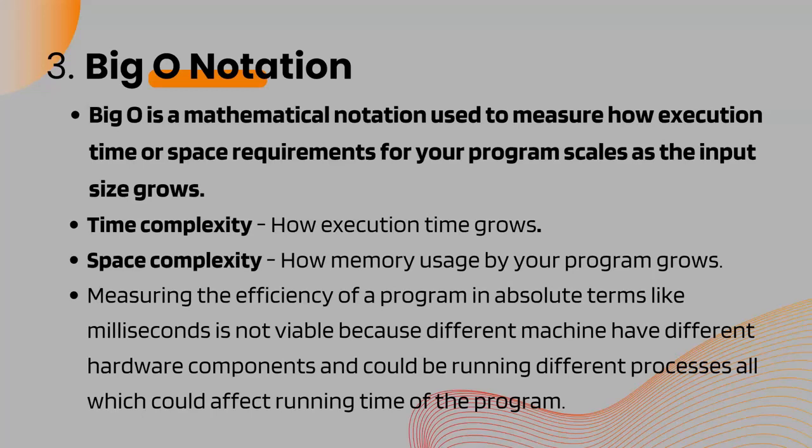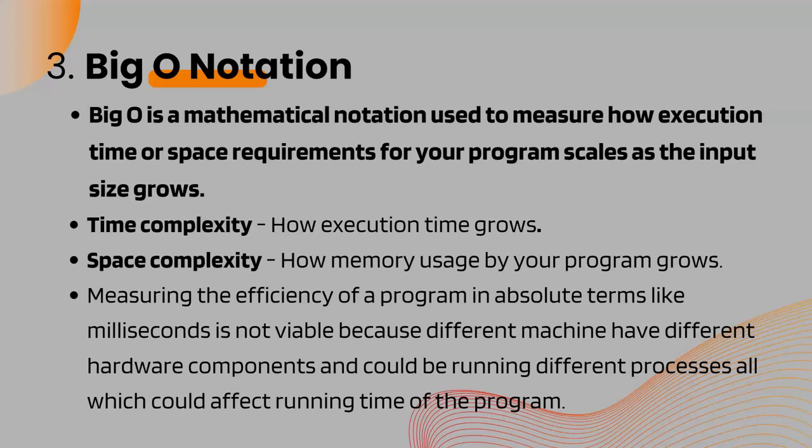This is heavily dependent on the hardware components in a computer, and also the amount of processes that are already running in the system. The system could be overwhelmed because it's running many other operations, so this program is going to run slower on that machine.